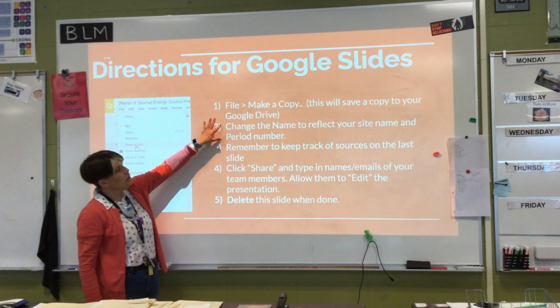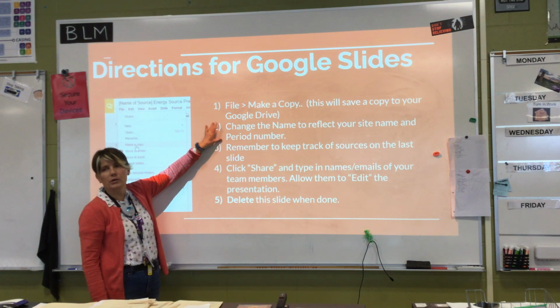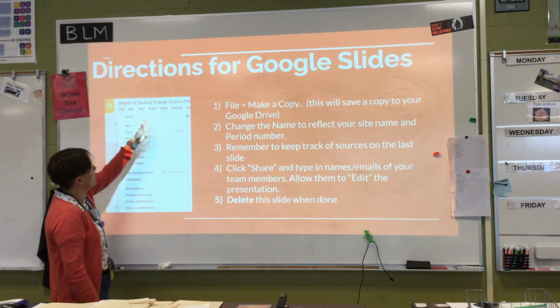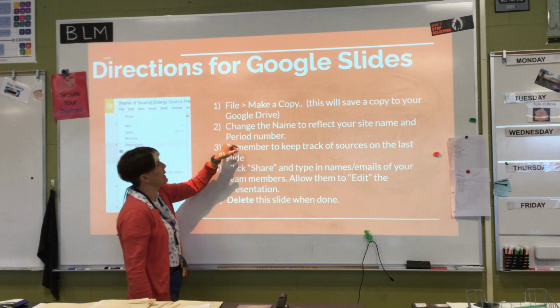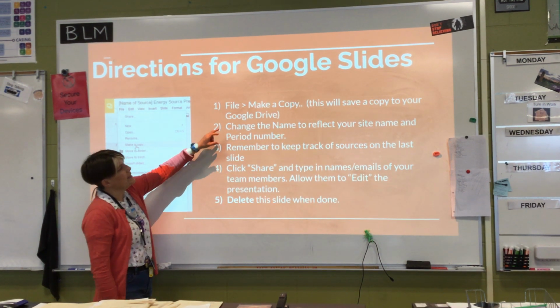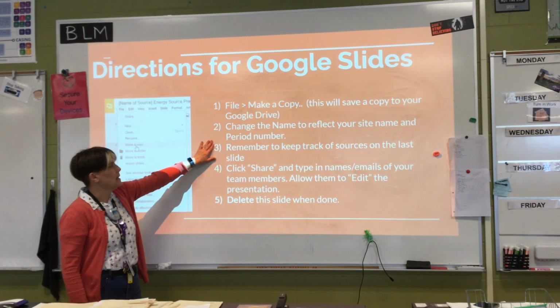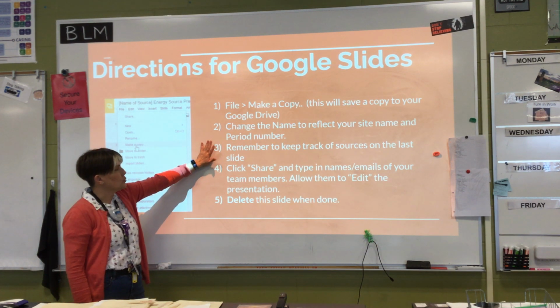Change the name to reflect your site name and your period number, okay? Or you can say case study, McGrain if you want, or science, and then the period number. Remember to keep track of your sources on the last slide. So you're going to need to set your sources.